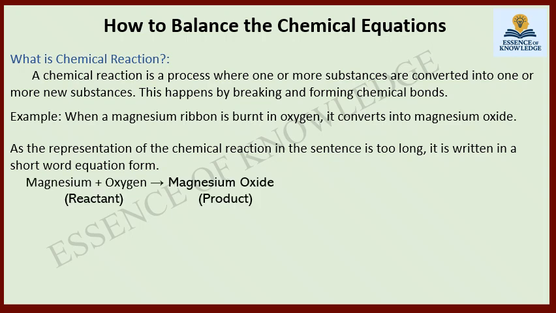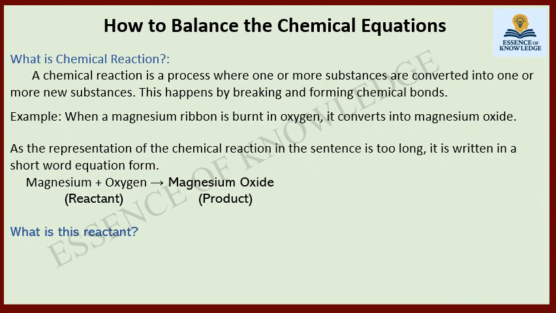That is, magnesium plus oxygen gives magnesium oxide. Here, on the right hand side, we have magnesium oxide as the product, and on the left hand side, magnesium and oxygen are named as reactants.